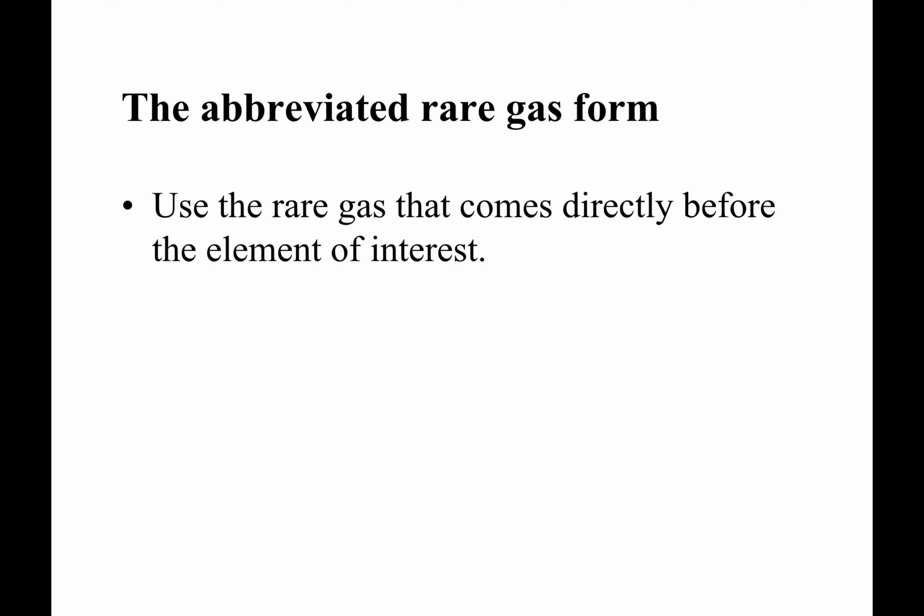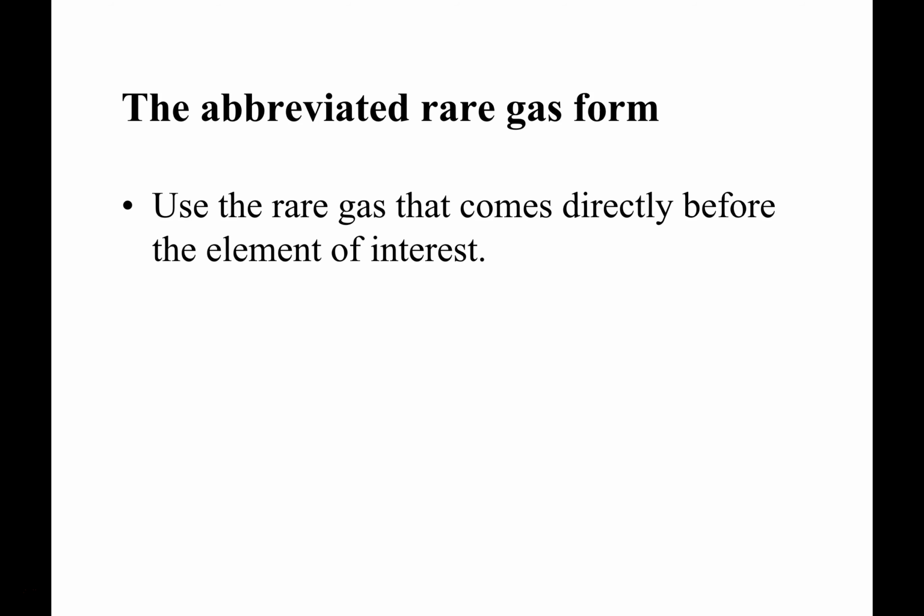Okay, so we've been talking about it, but just to make sure we're on the same page, abbreviated rare gas form is a way to say how electrons are configured using spectroscopic notation. You should always base it upon the rare gas in the period before it.